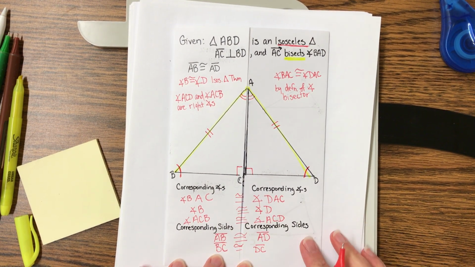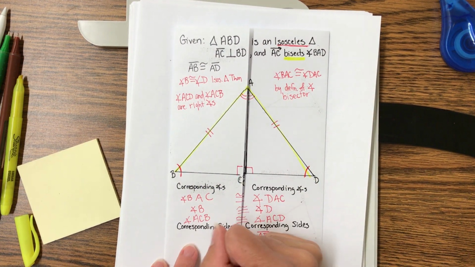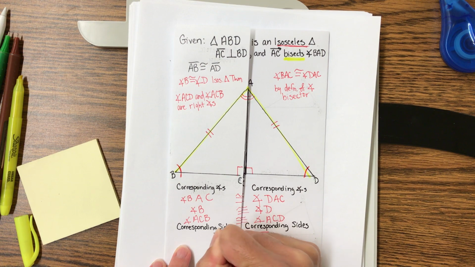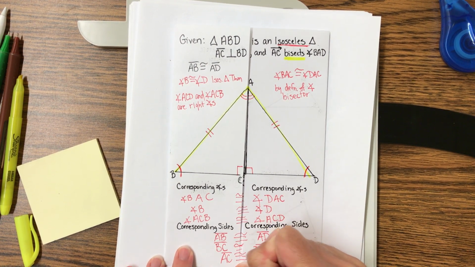And then last, AC, you see how they share the same side? AC is, of course, corresponding and congruent to AC.